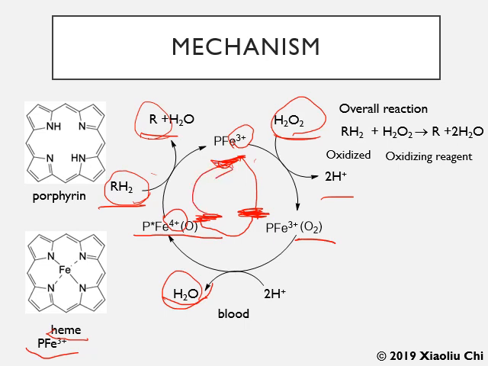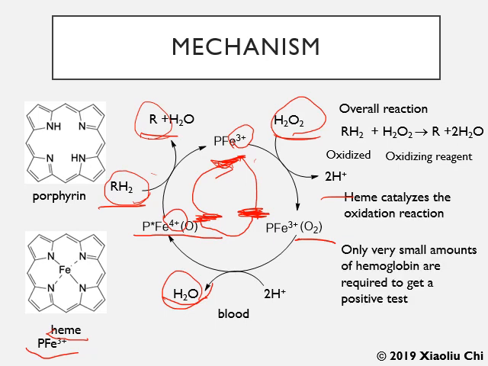In other words, it participates in the reaction and makes the redox reaction possible, but overall it is not consumed. It serves as a catalyst and catalyzes the reaction. Only a very small amount of hemoglobin is required to give a positive result.